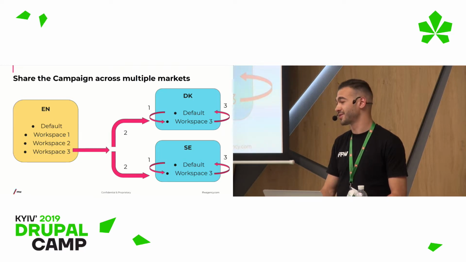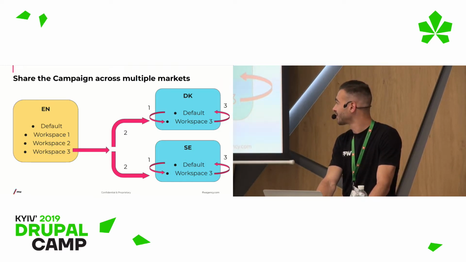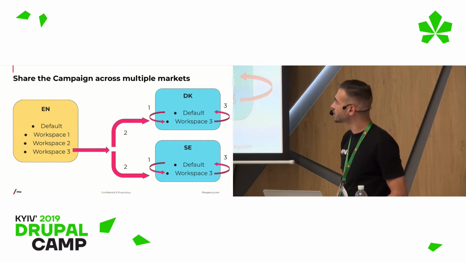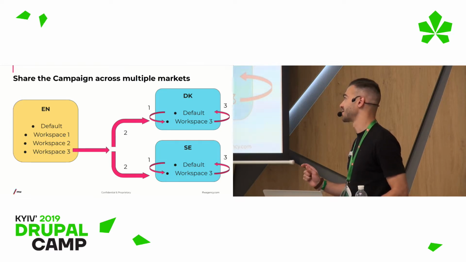Or you can have something more tricky than that. That's the example we actually used on one of our projects. There was a requirement to share the content across multiple markets. So we have a setup of a site in English where all the same flow is happening, but for one difference.